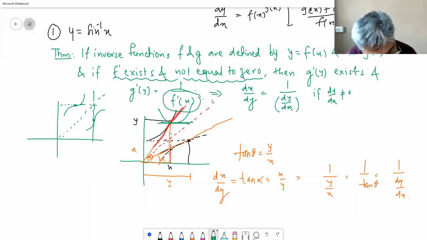As far as the derivative is concerned, it should exist and should have a finite slope. Okay, and therefore this is a very good theorem. If we could get through an algebraic proof of this theorem, we can finish all the inverse functions very quickly.